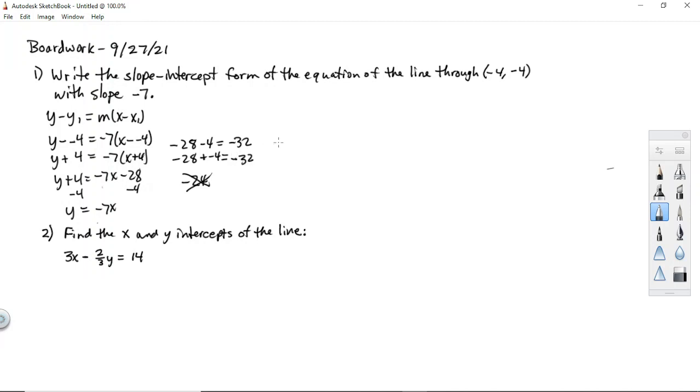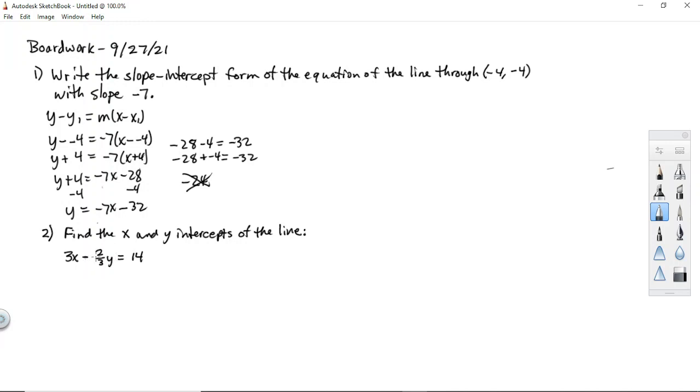Well, of course, it's -32. You can look at it either way. Just be careful, and you can eliminate most of these kinds of errors just by being careful. Okay, so that's it. And that's slope-intercept form.